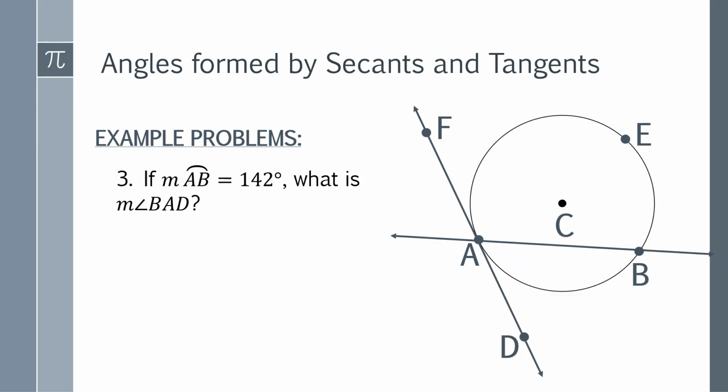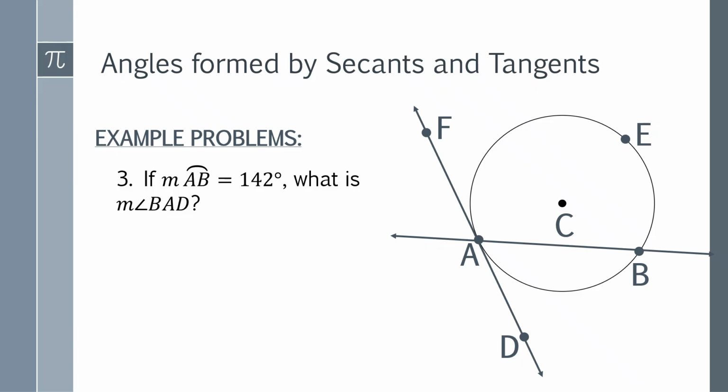If the measure of arc AB is 142 degrees, what is the measure of angle BAD? So a while ago, if there is a given measure of an angle and you're asked to find the arc, now it's the reciprocal.